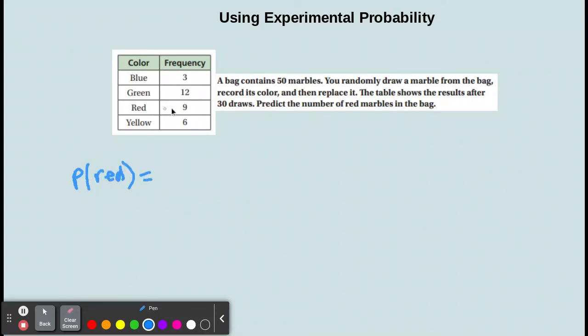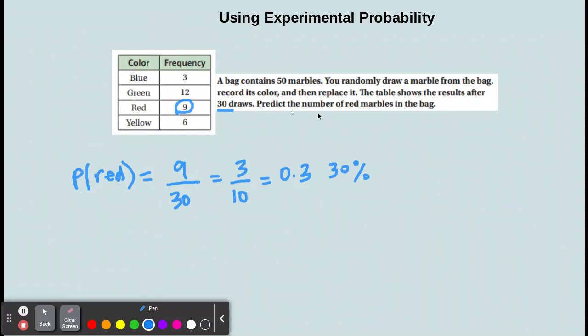Okay, so how many times did that occur? 9. And how many draws did we do total? 30. Okay, so 9 over 30 is about the same as 3 over 10, which is the same as about 0.3, right? 30%. Okay, 30% of the time, we were able to draw a red marble.